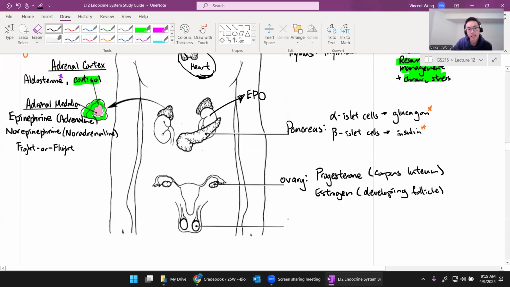This would be the testicle, for testosterone.